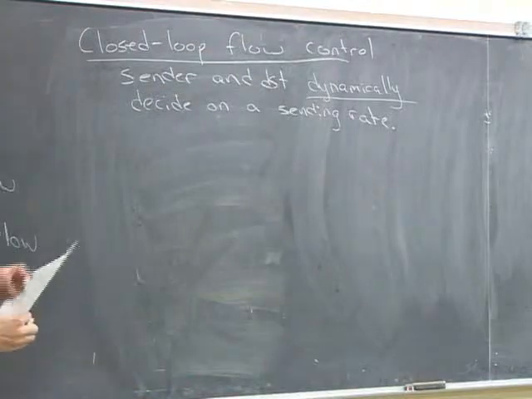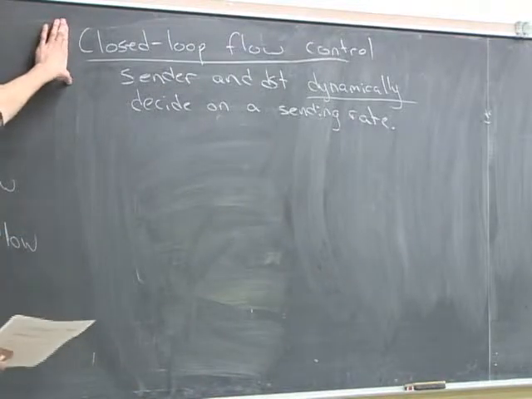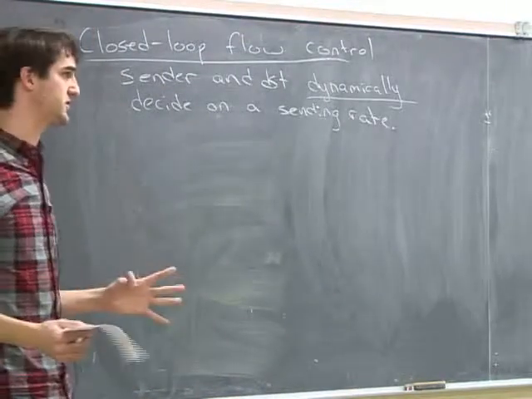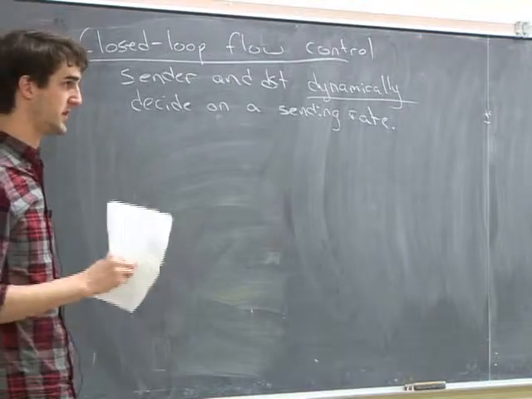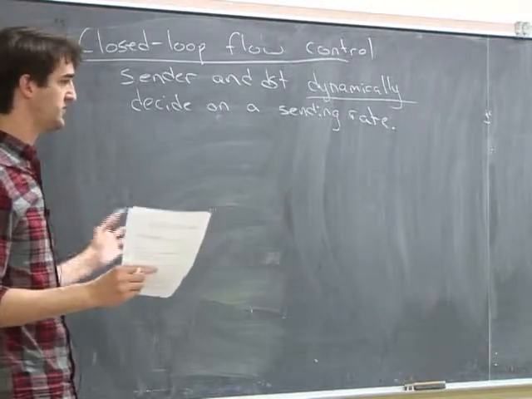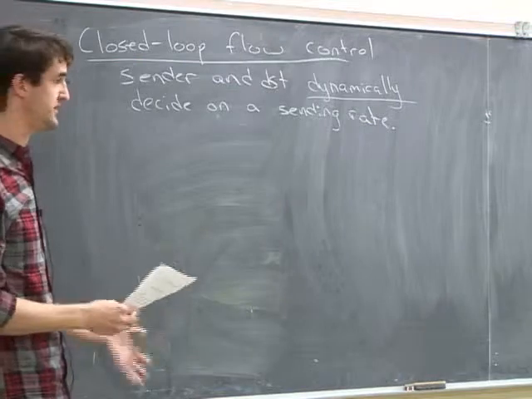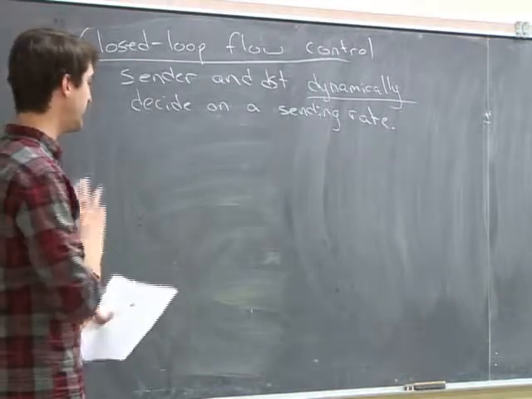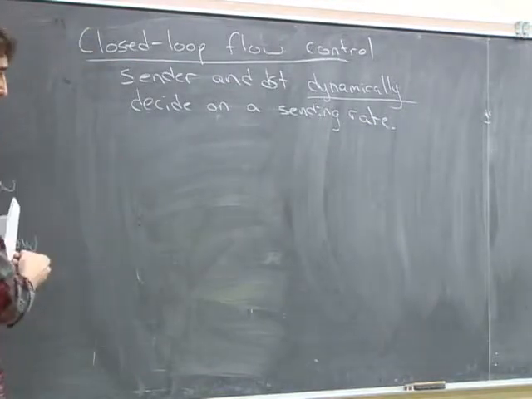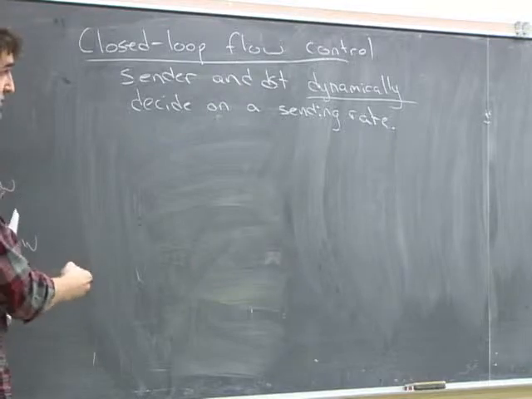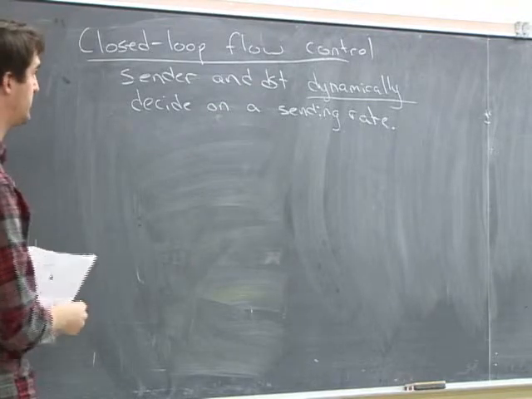In open loop flow control, the sending rate has to be negotiated ahead of time. You contact each other. You say, "I'm going to send you this much data at this rate," and then those resources are reserved for you, and they're statically allocated to you.